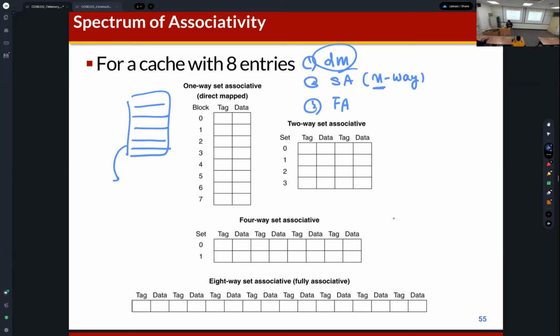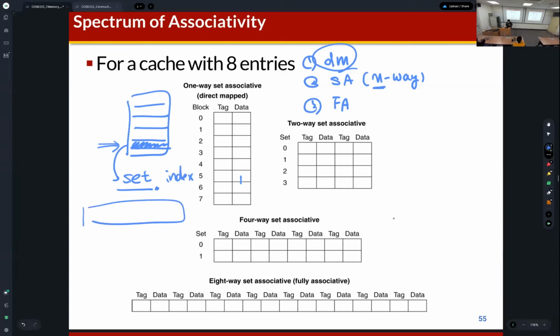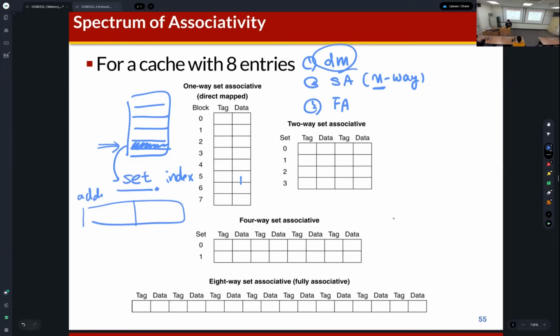So this cache entry is called a set. In order to access the target set of the cache, we use the set index. From the address of the load or store instruction, we can use part of the address field as the set index.